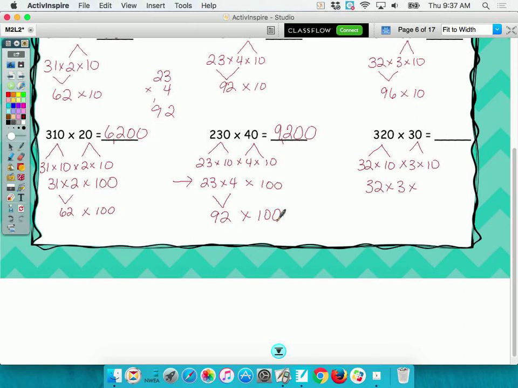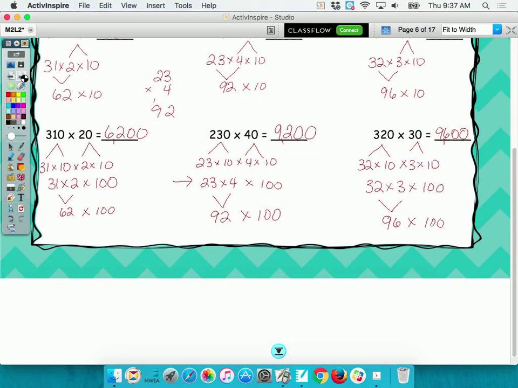I just did it in my head. Okay, if I combine the two tens, what does it end up being? 100. Good. So 96 times. Those are easy. We could still keep going and add more zeros and use the same strategy.